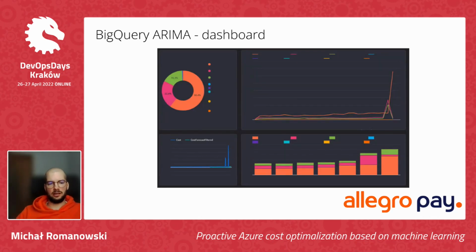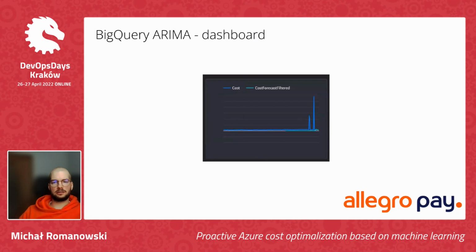From the dashboarding solution, it looks like that. This is actually the real dashboard that we are using, and I've cleaned up the names due to our security policy. In the left bottom corner, you can see the forecasting chart. It is a simple chart that is meant to show us that the prediction algorithm is working as expected. The blue line is historical data, and the slightly lighter blue line is the forecast itself.